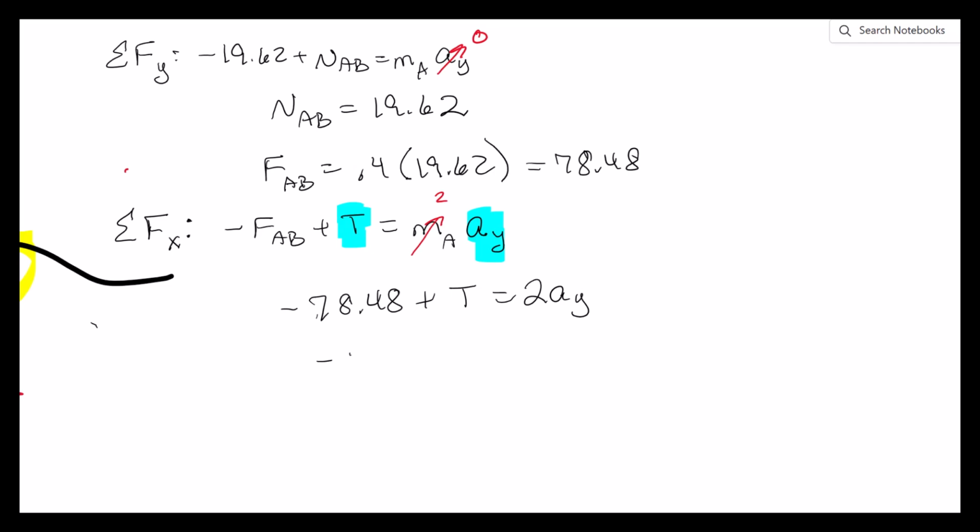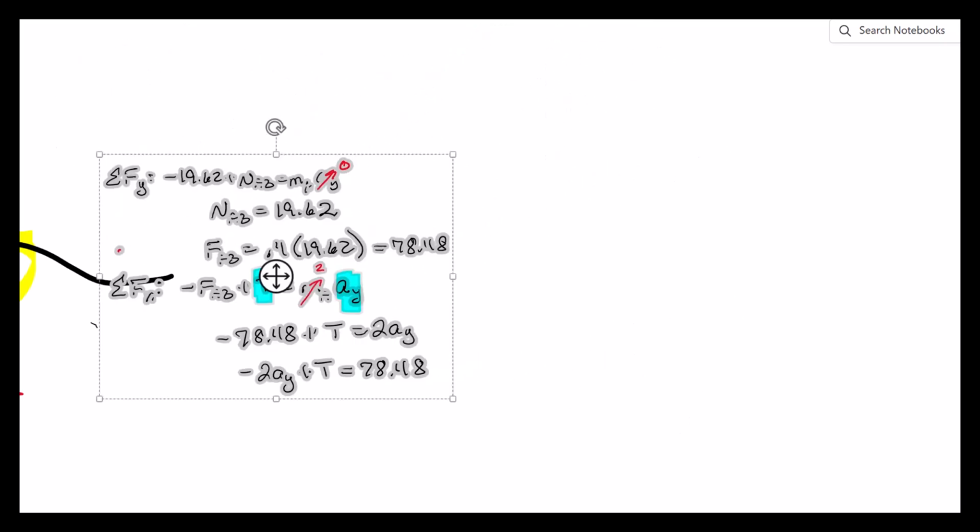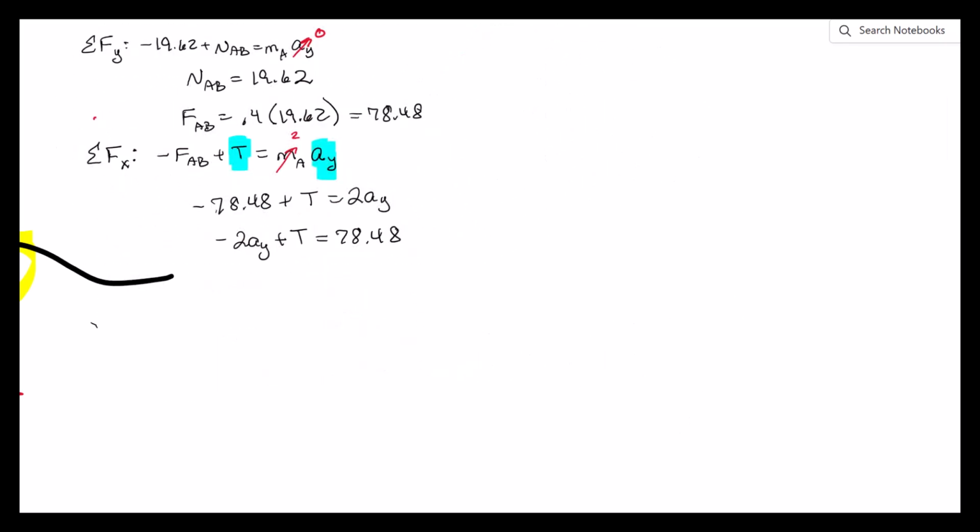So negative 2 times the acceleration plus T equals 7.848. Okay, I'm going to save this for later and come back to it.